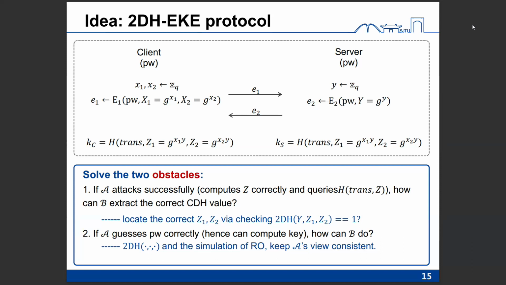This can be done due to the simulation of the random oracle as well as the twin-DH decision oracle. So we solve the two obstacles, and that means twin-DH EKE achieves tight security.